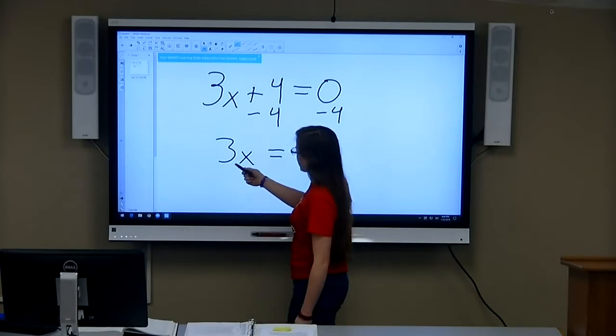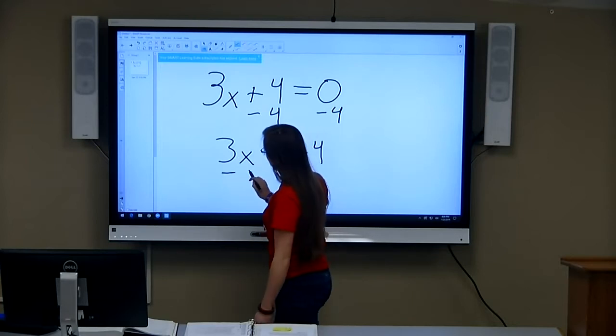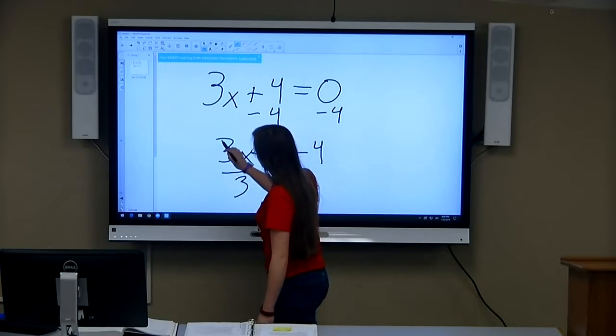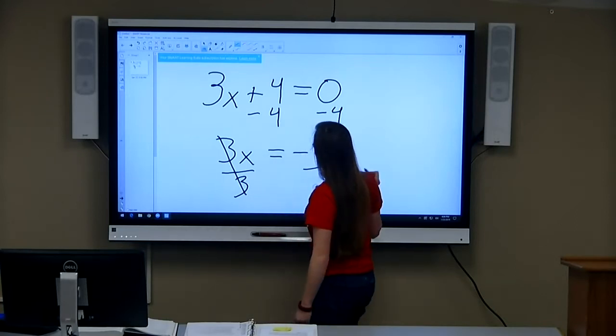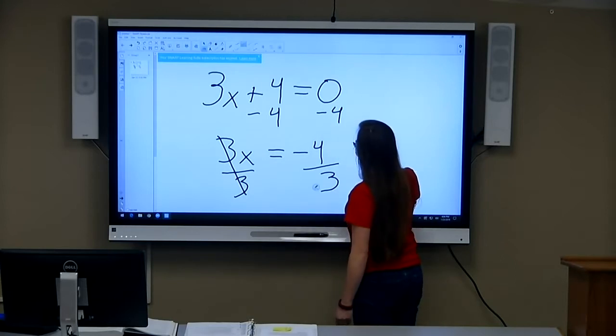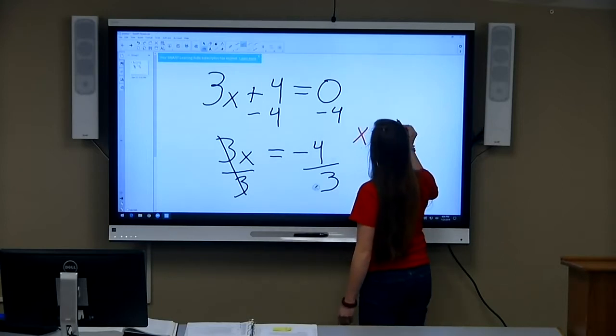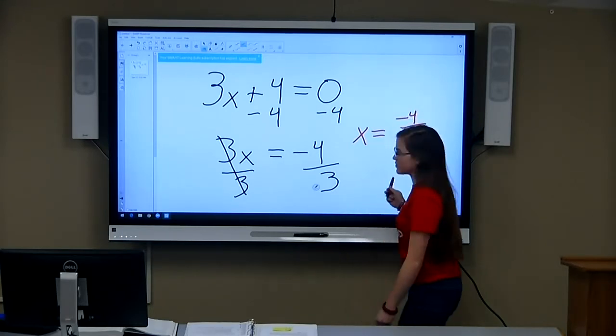Next, you'll have to get the 3 away from the x, and since it's combined by multiplication, you'll have to divide. So divide by 3, that cancels those out. Divide by 3 on this side. And that will leave you with x equals -4/3. And you can leave your answer like this.